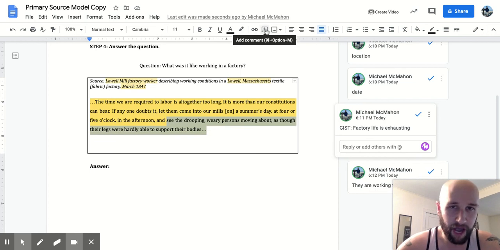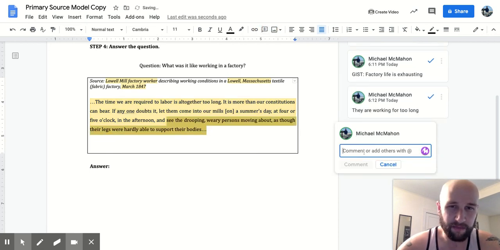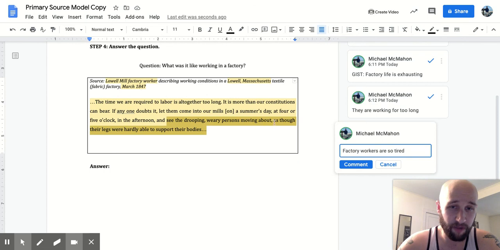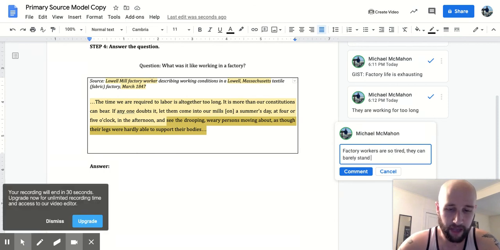So I'm going to make a comment, and it seems that factory workers are so tired. That's what I see. It says drooping, weary persons moving about as though their legs were hardly able to support their bodies. So I think a simple way to state that is factory workers are so tired they can barely stand up.